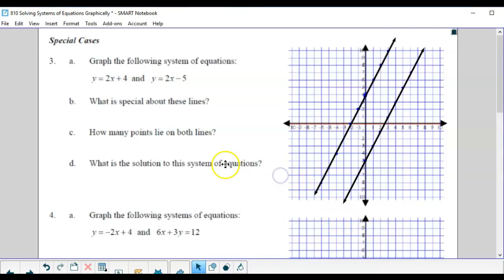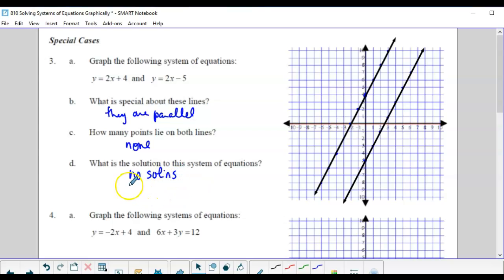Okay, so what's special about these lines? They are parallel. How many points lie on both lines? None. What is the solution to this? There's no solutions. And so sometimes we'll say that's the null set. So you either say the word or this, or this, empty set.